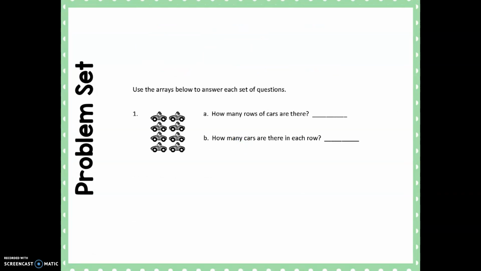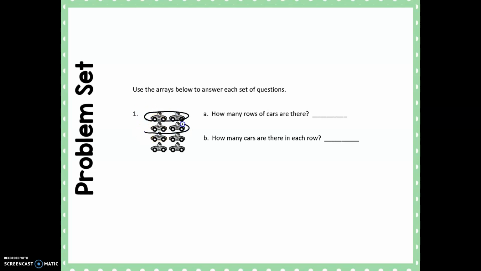We're going to do a couple of problems together. The directions say use the arrays below to answer each set of questions. Number 1, A says, how many rows of cars are there? We can say rows or groups.